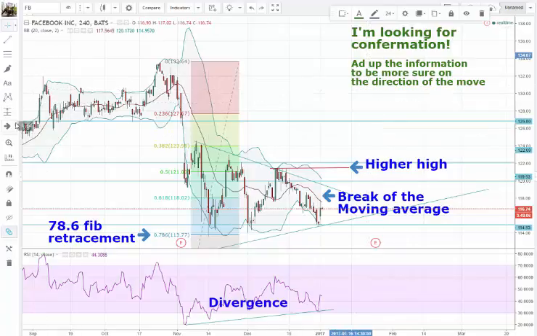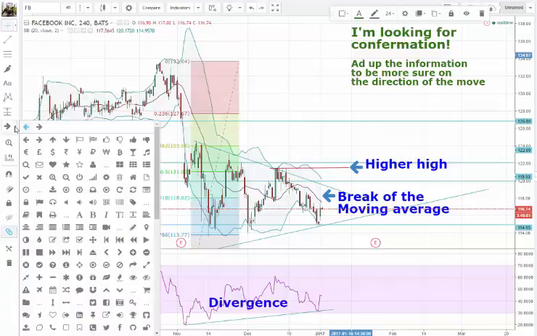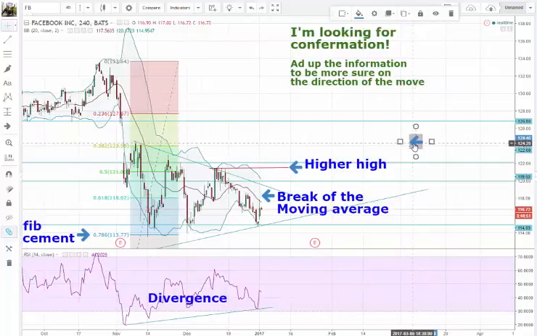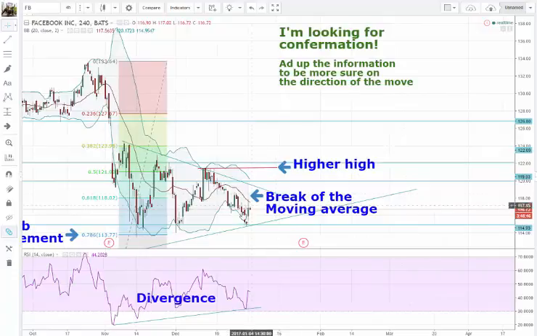Let me draw in one more line to stay in line. No, I don't find the line I'm looking for for now. Oh, I got a couple of minutes left, so let me draw in some risk reward over here.